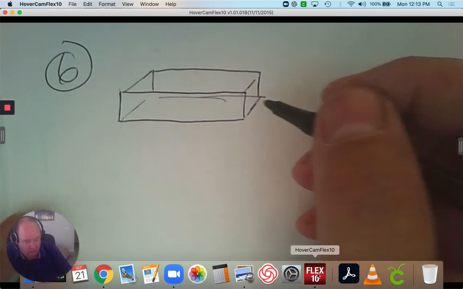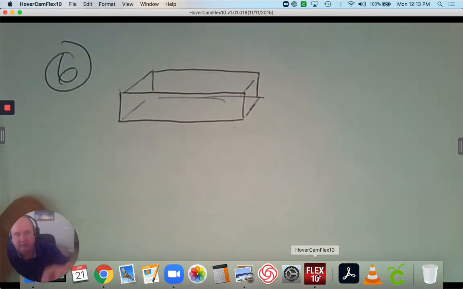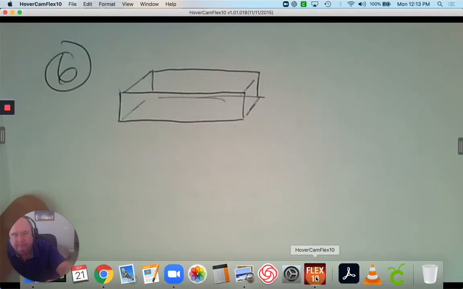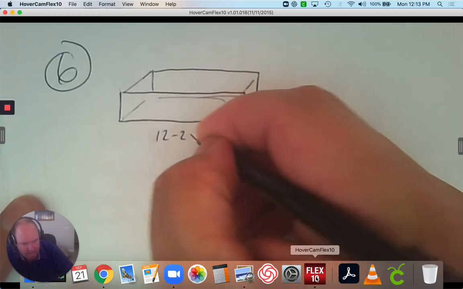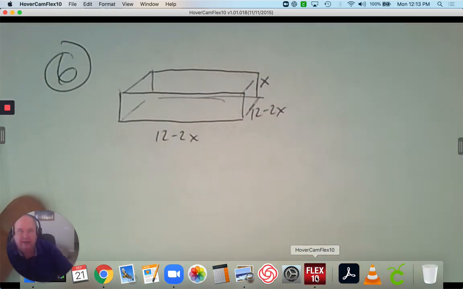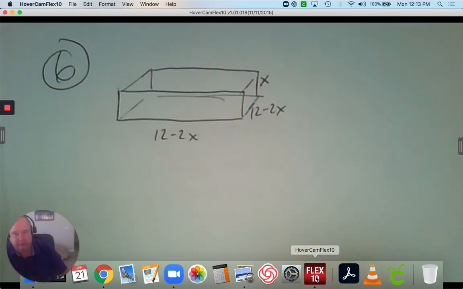And you're told that this here and this here, that is what, 12 minus 2x? Is that what we're told? So this is 12 minus 2x. This is 12 minus 2x, and then this is x. All of that in terms of folding up the sides.